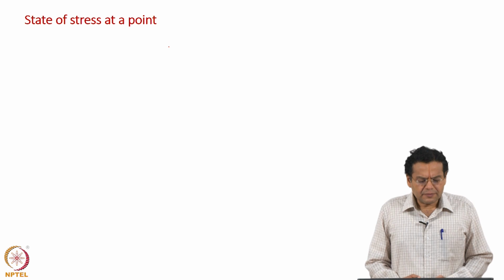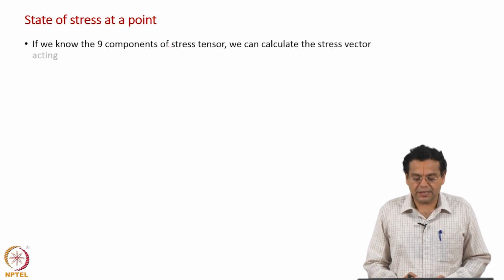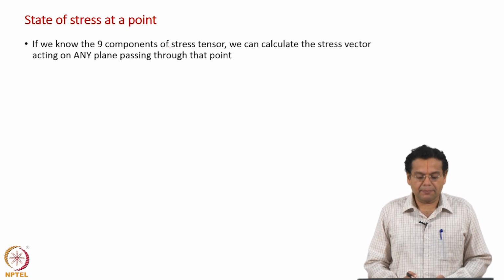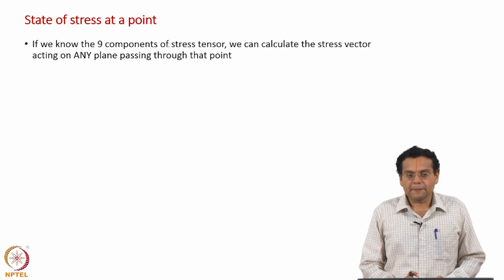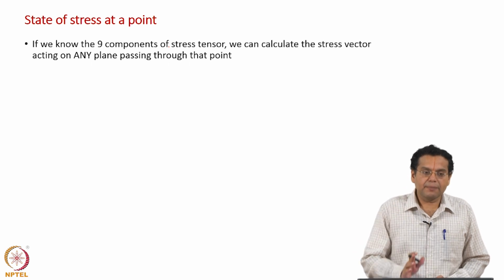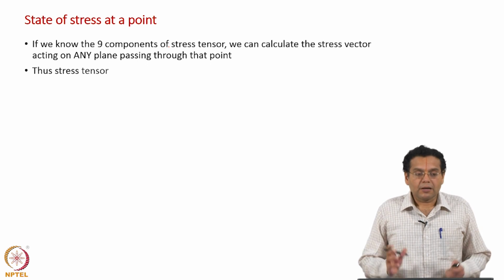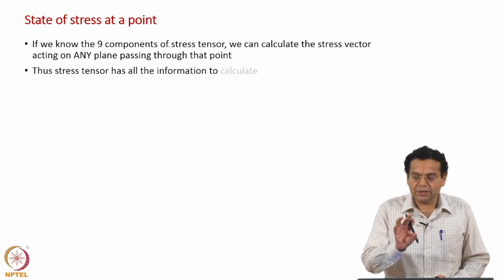Now, a terminology: state of stress at a point. What do we mean by state of stress at a point? This sentence is the same as the last sentence. If we know the 9 components of the stress tensor, we can calculate the stress vector acting on any plane passing through that point, which means that at a point I can have an infinite number of planes, and for any plane I can find out the stress vector acting on it. Whatever information is required is contained in your stress tensor.